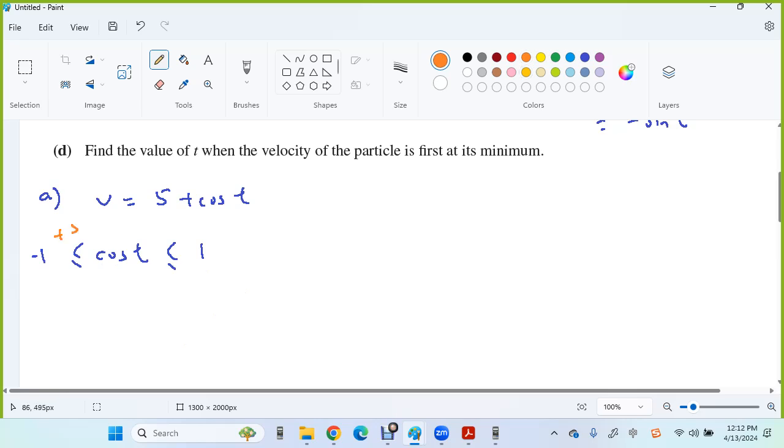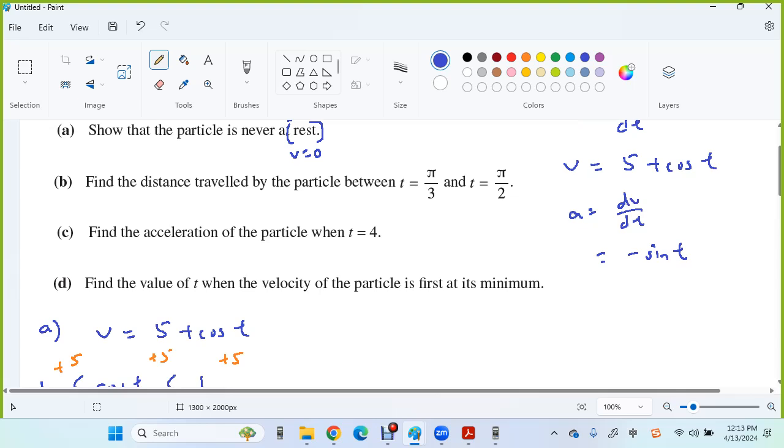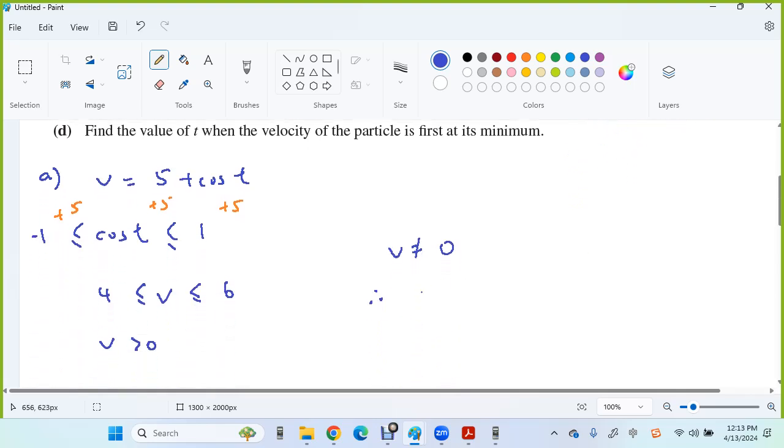When we add 5, then we have v between 4 and 6. So v is greater than 0. V is always greater than 0, so v never becomes 0, therefore the particle is never at rest.